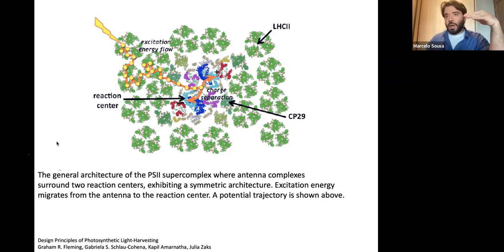But classical mechanics and electromagnetic explanations could not fit the data, could not fit such a precise and big efficiency, because one of the hypotheses was that the excitons could go jumping randomly from one antenna to the other until they find the reaction center.